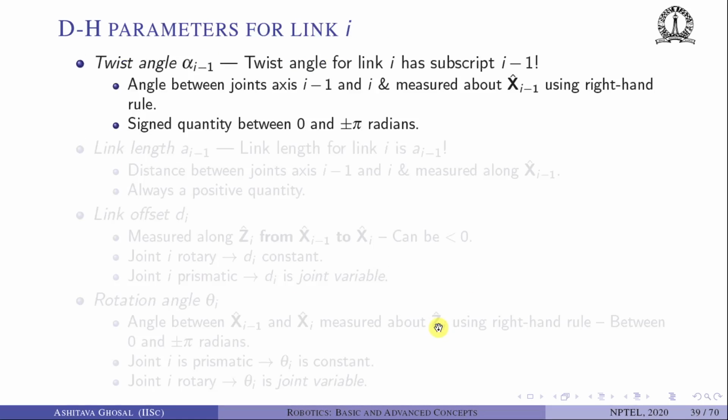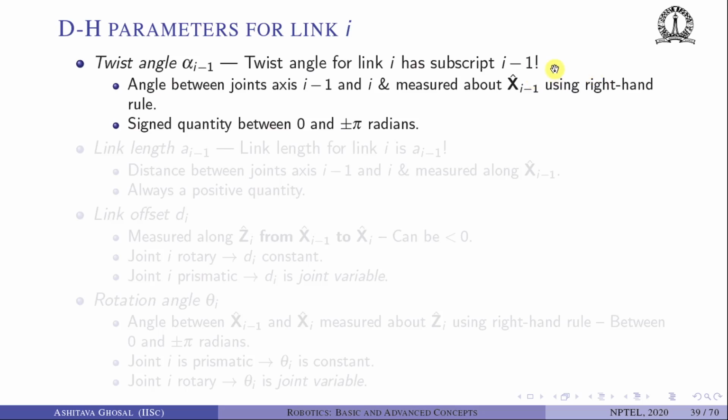Okay. Again, to recapitulate, we have defined something called the twist angle. The twist angle for link i has a subscript i minus 1. Okay, this is a result of the convention. Although we are talking about the DH parameters for link i, and one is called the twist angle, it has a subscript i minus 1.